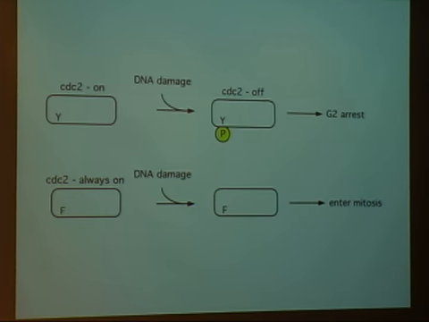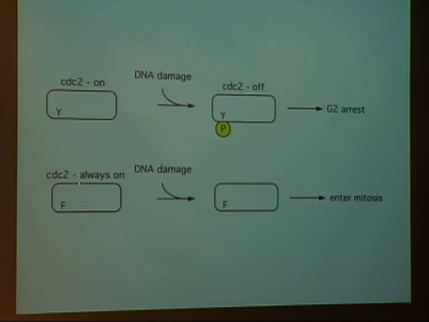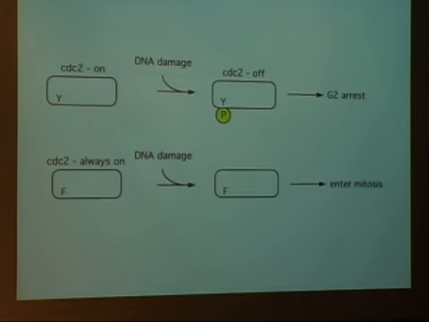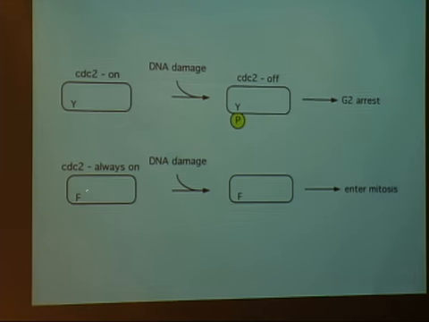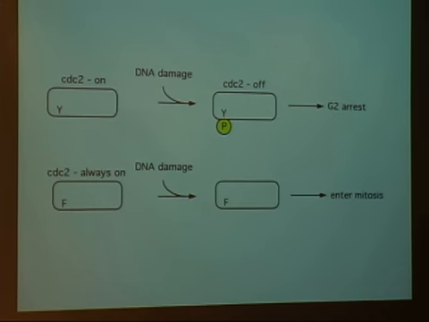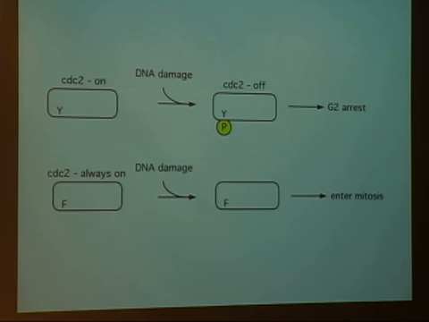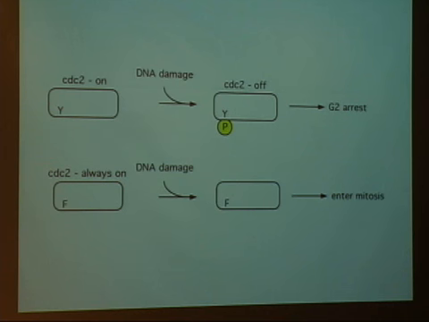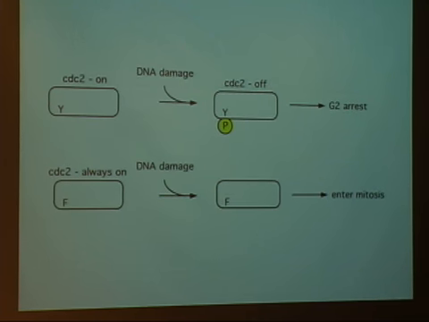Okay? So I think this addresses your question here. The way that the checkpoint prevents entrance into mitosis is that it controls the phosphorylation status of this tyrosine. So that if you change that tyrosine to phenylalanine and you eliminate that level of control, then cells are no longer able to arrest the cell cycle in response to damage. Okay?